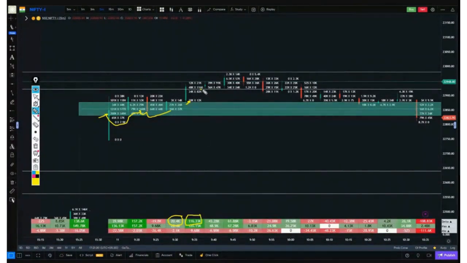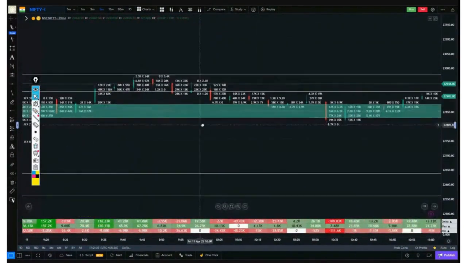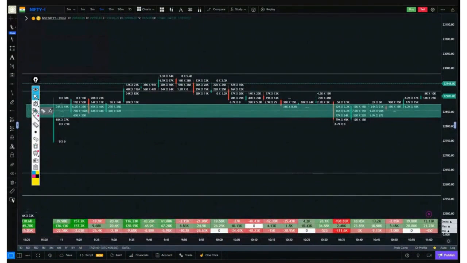This was the buying place, then buying continued, buyers inside every candle entered here, held a little, and then buyers easily started moving the price upwards.